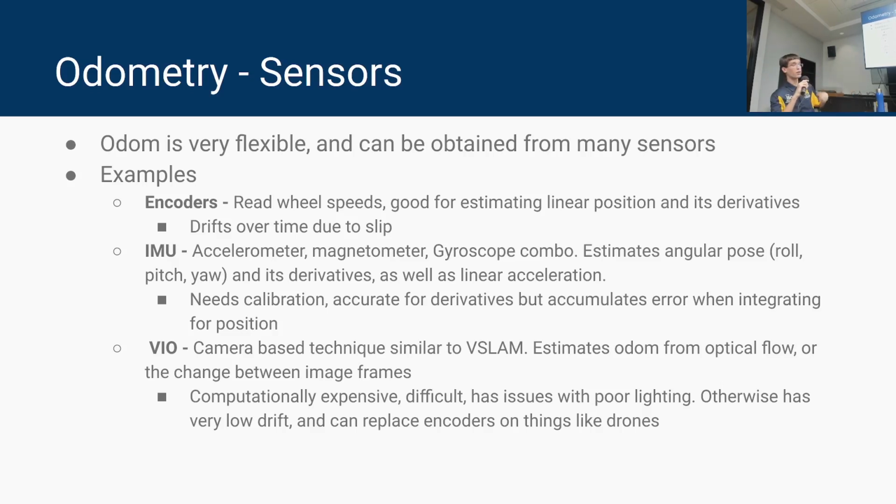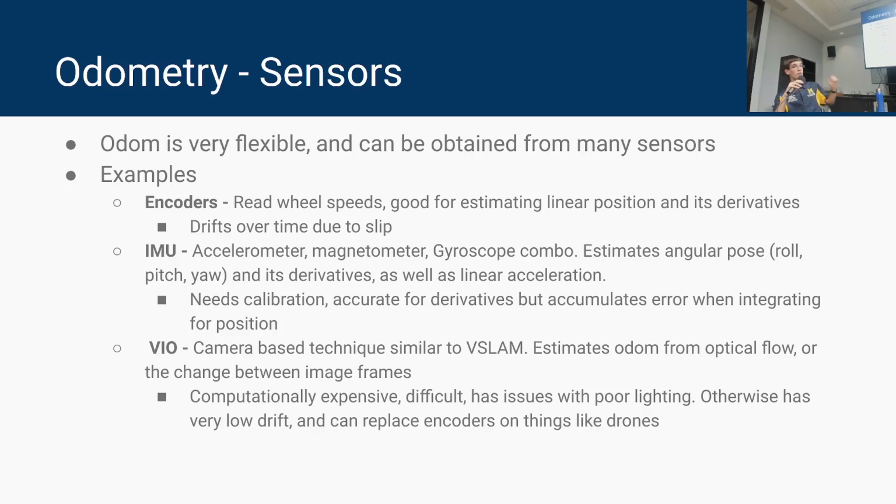This gives you linear position, and of course there are derivatives like velocity, etc., just by counting. This will drift over time due to slip. If you're sitting still, this will not drift at all, which is a very important property. As you move, though, this becomes less accurate over time. The opposite is IMUs, which are a combination of accelerometer, magnetometer, and gyroscope, right? Basically, these are just these 3 sensors in one.